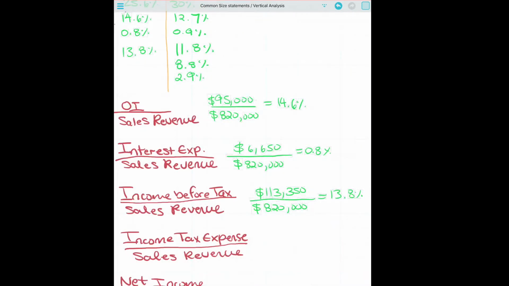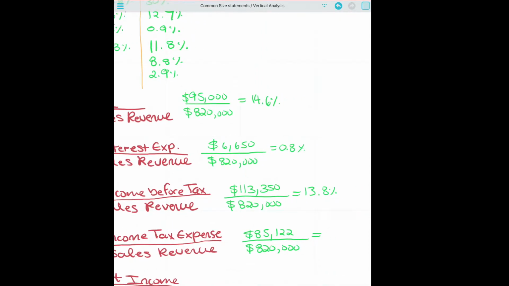Income tax expense is $85,122,000, well, $85,122, divided by 820,000 gives you 10.4%.